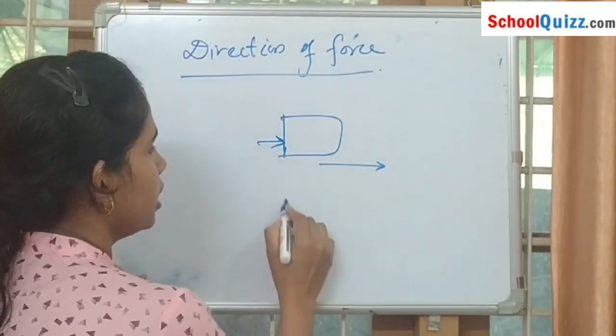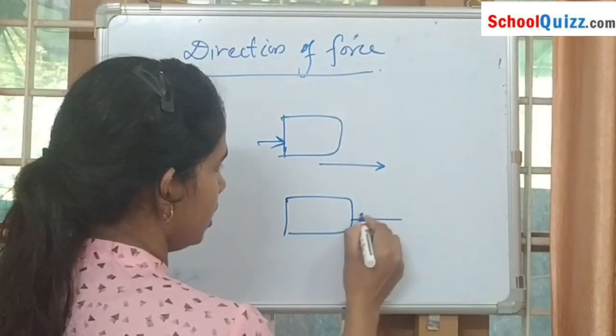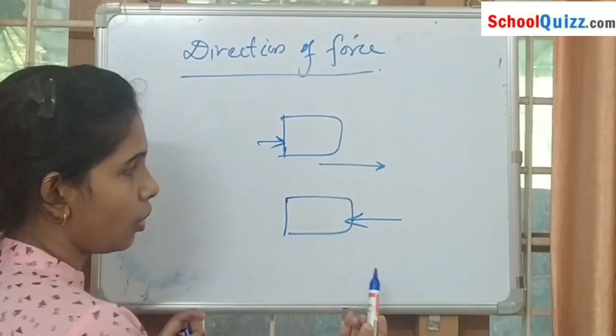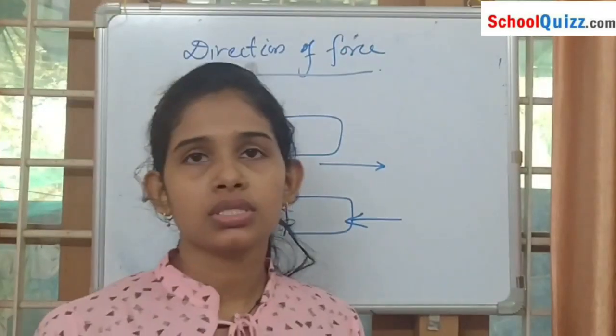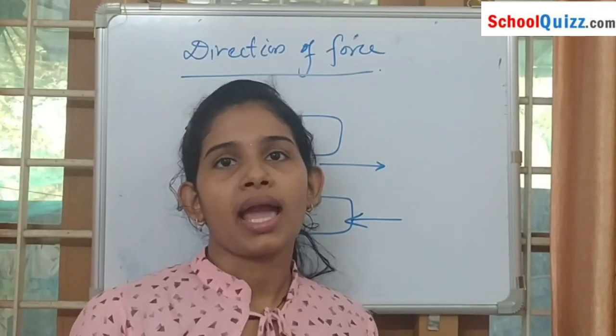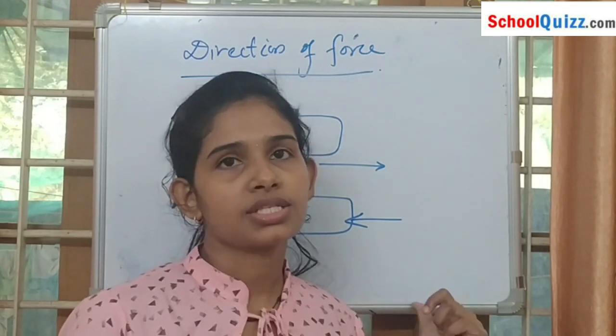Towards right. If someone pushes the table towards left, then what is the direction of force here? Towards left. So what is the direction of force? It is a direction in which push or pull acts on body is known as direction of force.